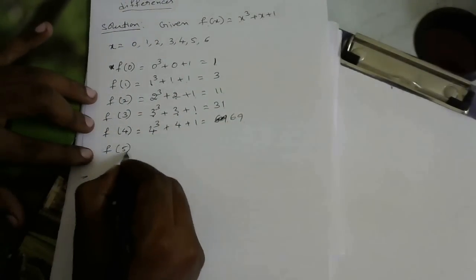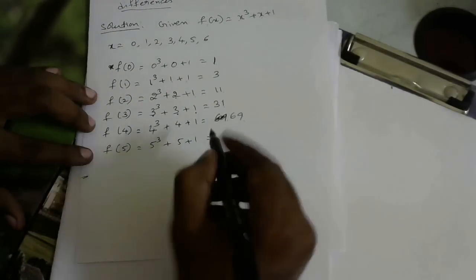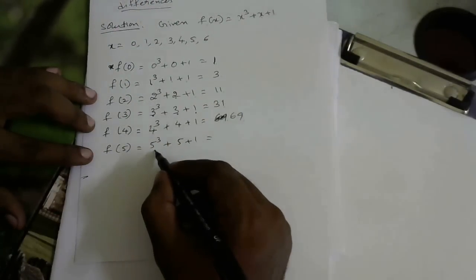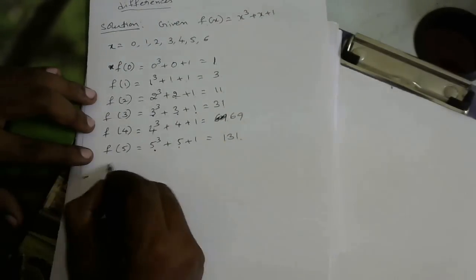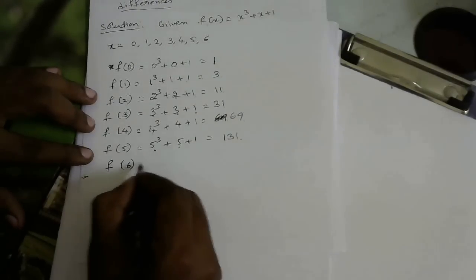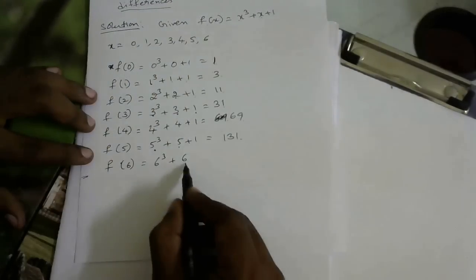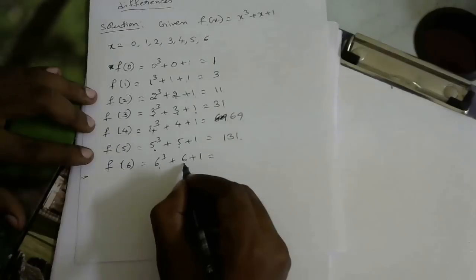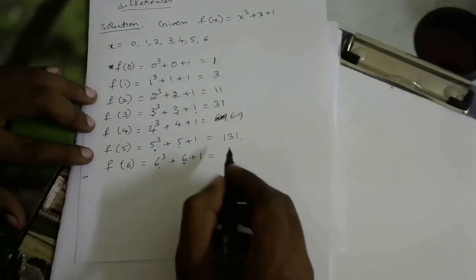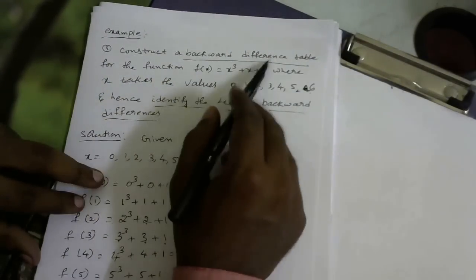Put x equals 5, we get 5 cube plus 5 plus 1. 5 cube means 125, 125 plus 5, 130, 130 plus 1, you'll get 131. Put x equals 6, you'll get 6 cube plus 6 plus 1. So 216 plus 6, 222, 222 plus 1, 223. Now construct the backward difference table.